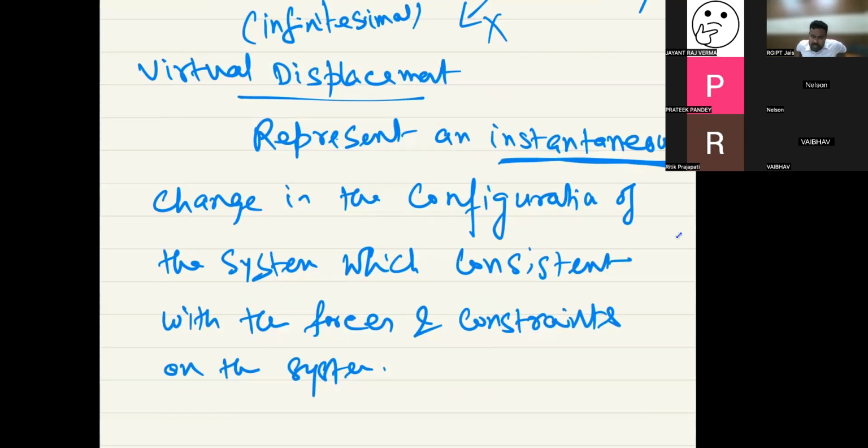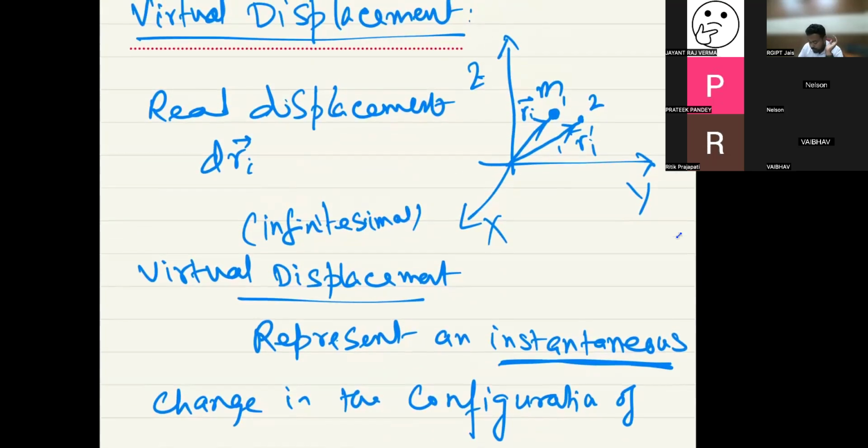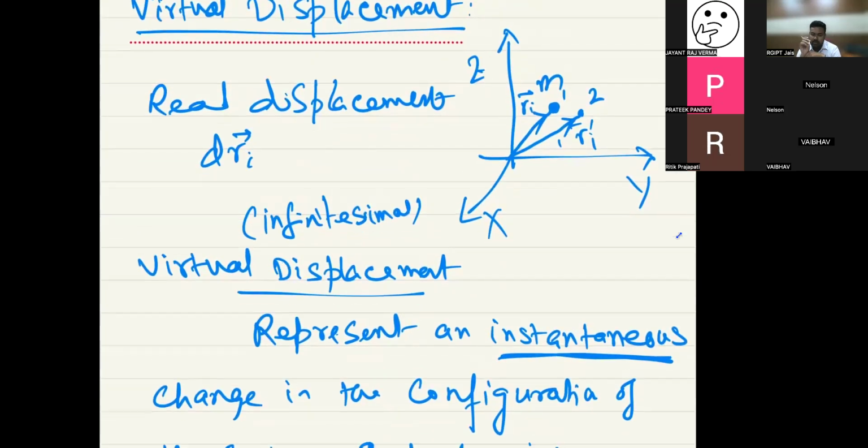Now, in case of a real displacement, can you imagine moving this particle from 1 to 2 without spending any time? Is it possible? No, sir.